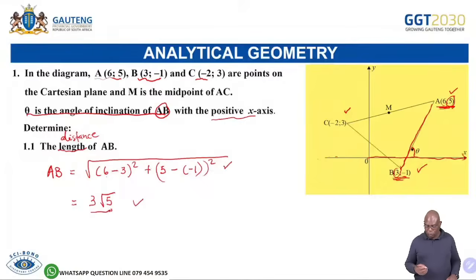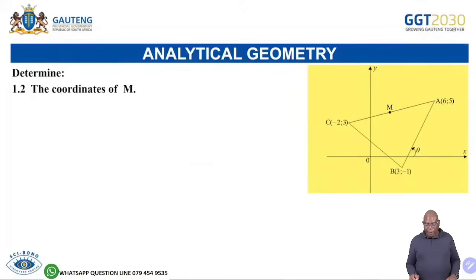You must use your formula sheet. Okay. Right, in the next question, in the same question, they say determine the coordinates of M. So M, you are told that M is the midpoint of this. So if M is the midpoint, you go to your formula sheet, then you check which formula is for the midpoint.